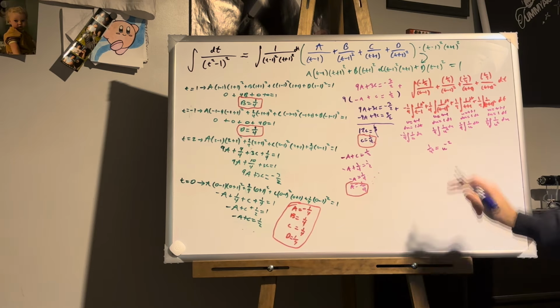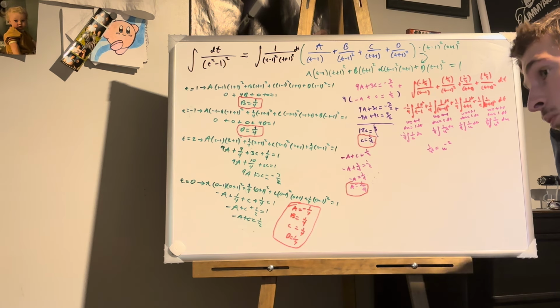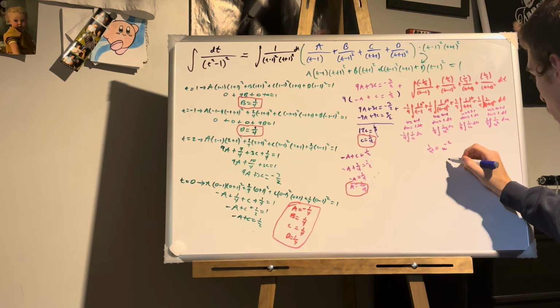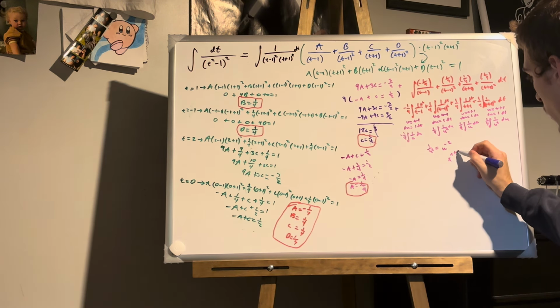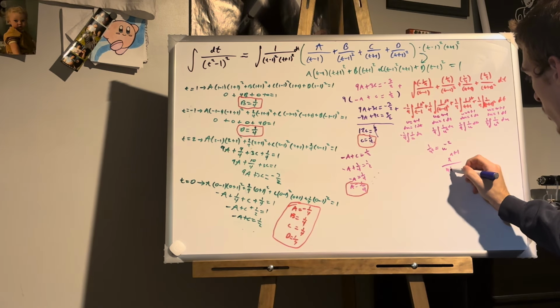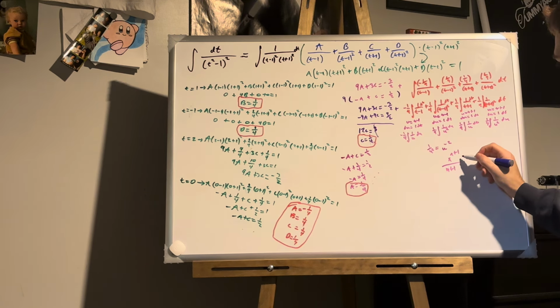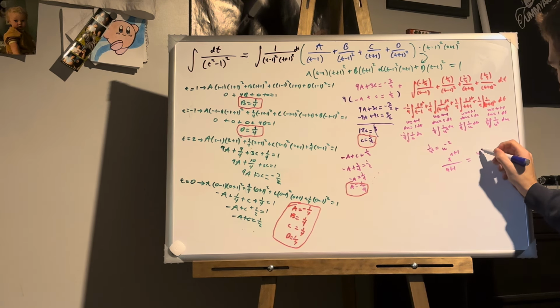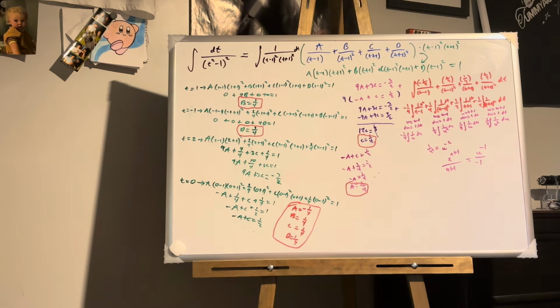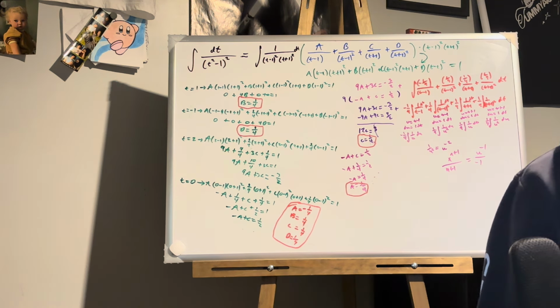Because 1 over u squared is equal to u to the power of -2. And what do you do with the antiderivatives? What you're actually always doing is x to the n plus 1 over n plus 1. Okay? So -2 plus 1 is -1. So that becomes -1 over -2 plus 1, which is -1. This is what we end up getting when we take the integral of 1 over u squared. Okay?